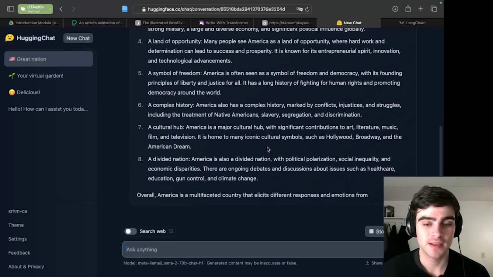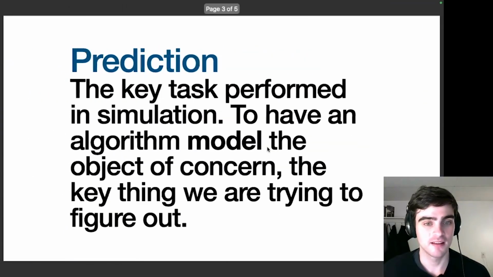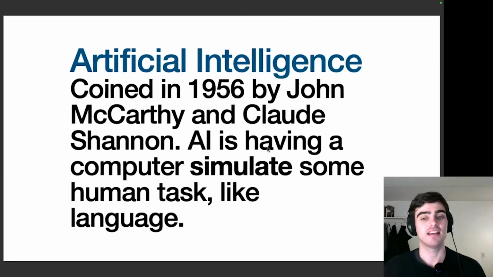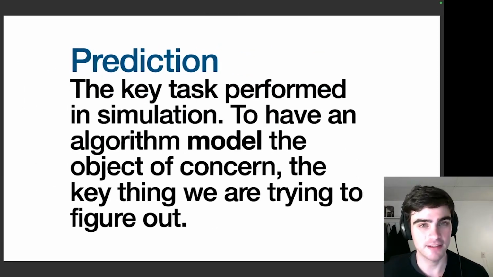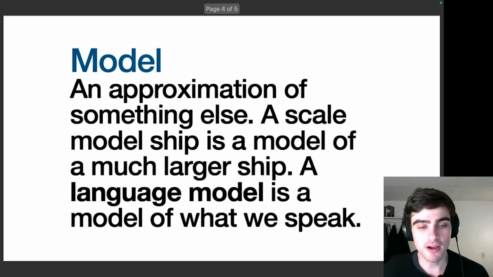And so, to go back then, artificial intelligence is having a computer simulate something like language. It's having that simulation predict what people might say. And a model then is really a model of people, and a model of language, and a model of culture, and a model of the world.